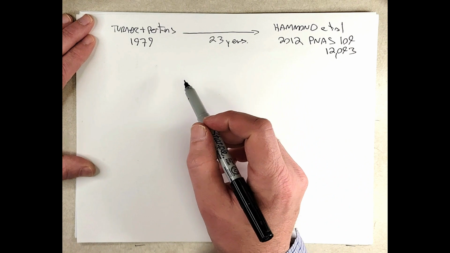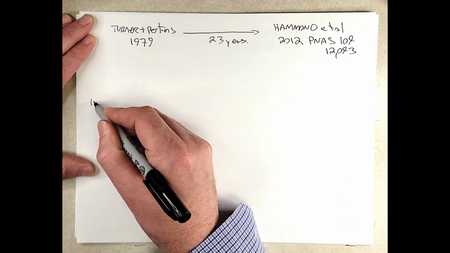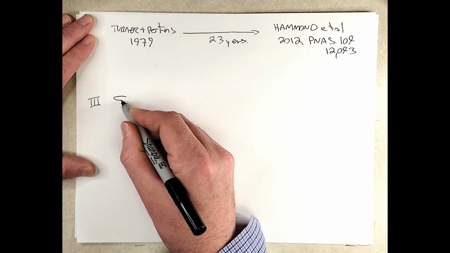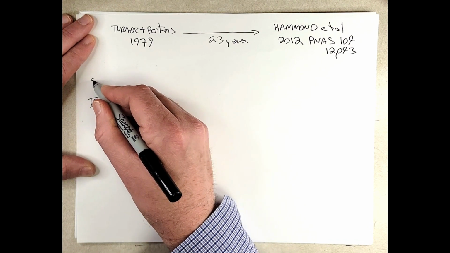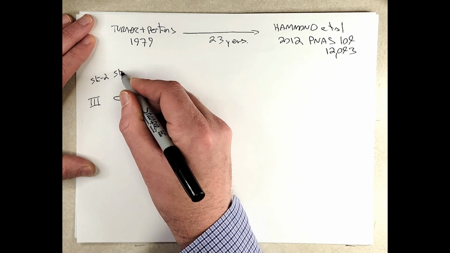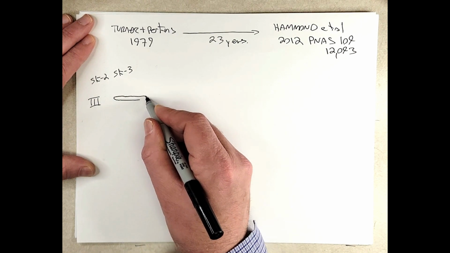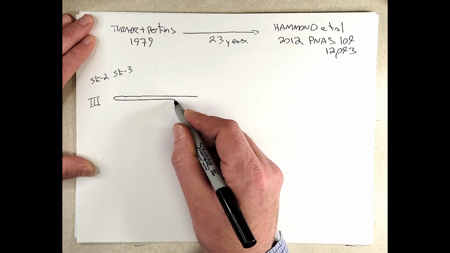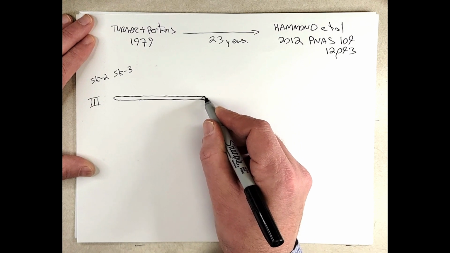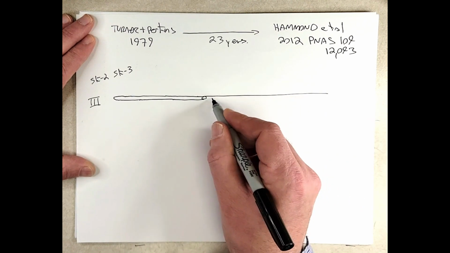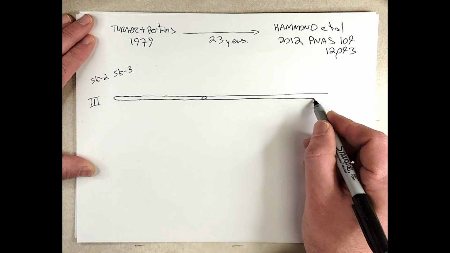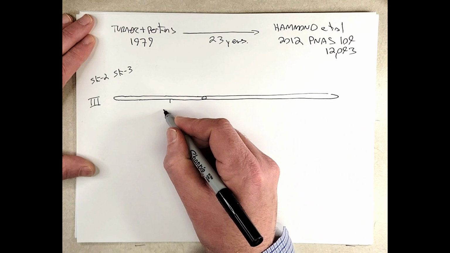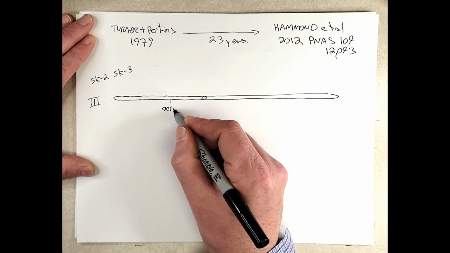So, just briefly, remember that Turner and Perkins had found that the genes for spore killing by SK2 and SK3 are located, we are ignoring SK1 for now, on chromosome 3. They also identified a recombination block, or a suppressed region of recombination.